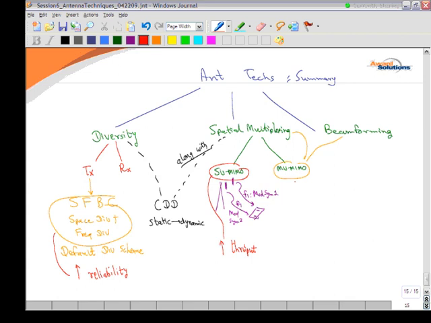Multi-user MIMO. Here we are sharing the subcarriers among different users.